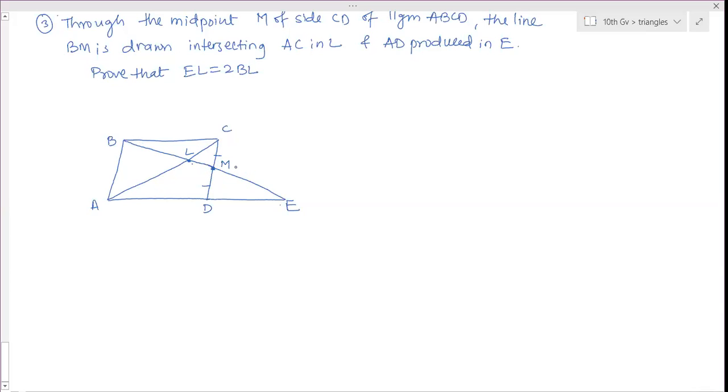What should be done? We prove BCM and DME similar. Okay, how to prove?